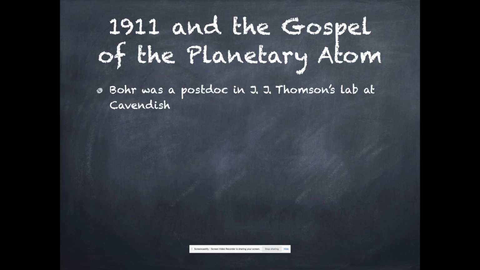Tons of privilege, white guy, you get the picture, okay? And he was working for Thompson, and he and Thompson did not see eye to eye. And that was weighing heavily on Bohr. In fact, he was ready to quit. He had a 2-year postdoc. He'd gone through about a year and a half of it, and he was just going to pack up and head back to Copenhagen.